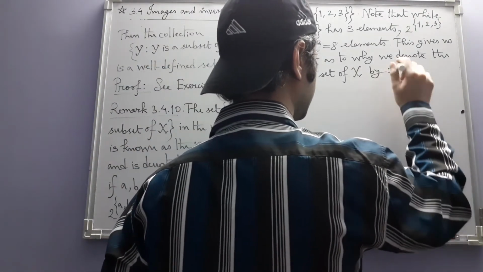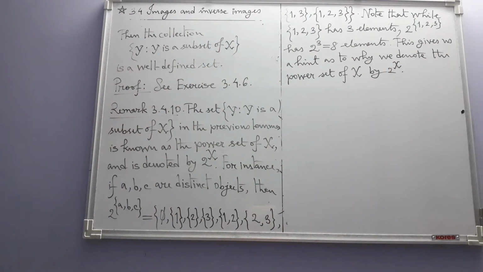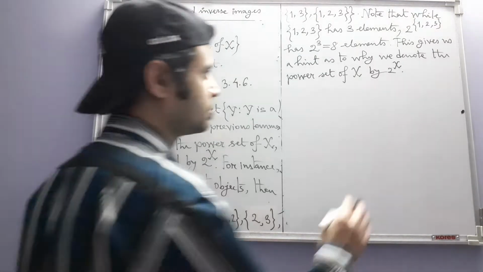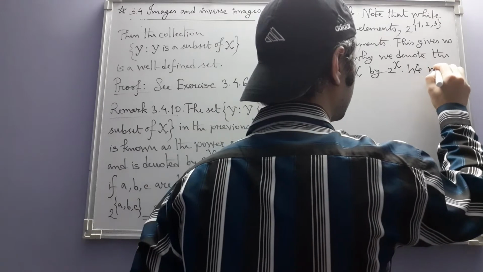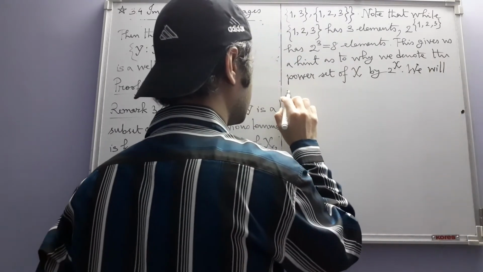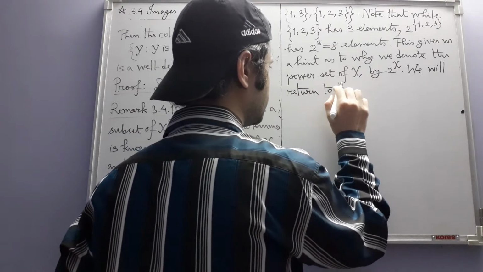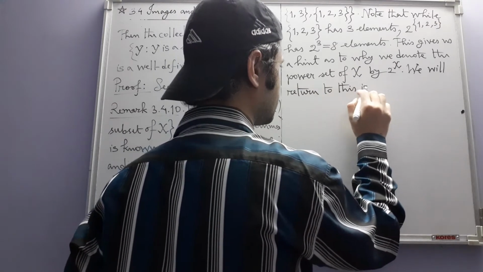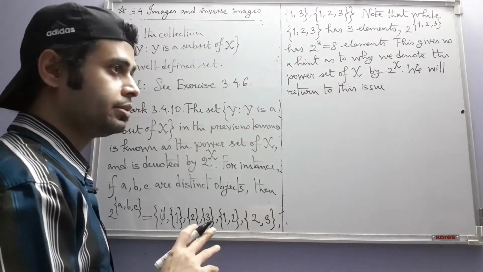Actually, I should not say 2 to the power x, but it just looks like that. We will return to this issue not just in the 6th section of this chapter, but in chapter 8.